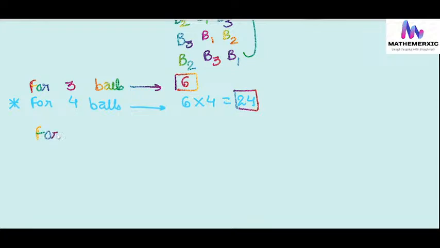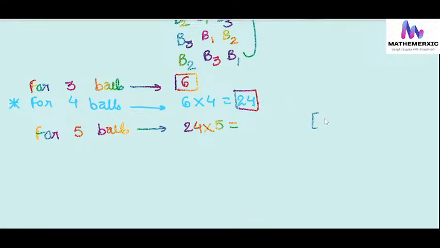For 5 balls, we have 24 into 5. That will be, because 4 balls has 24. So if one is fixed, the remaining 4 will have 24, and 5 balls are there. So 5 times it will be.